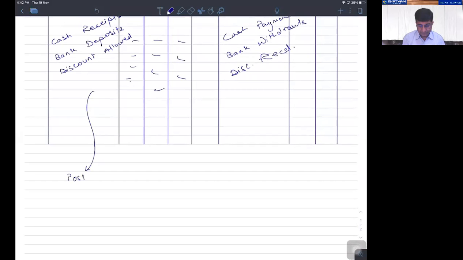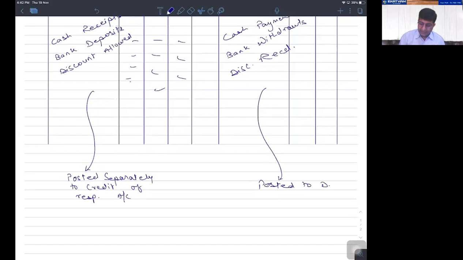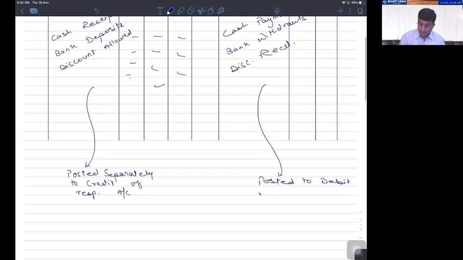Whereas the transactions which are recorded onto the credit side are posted to debit of respective account.